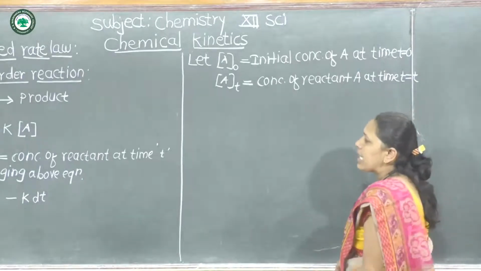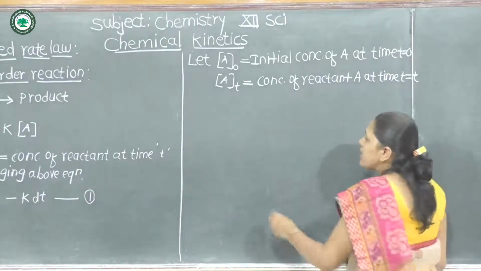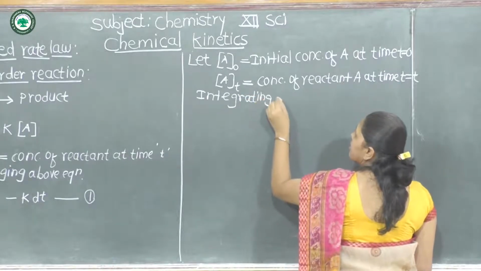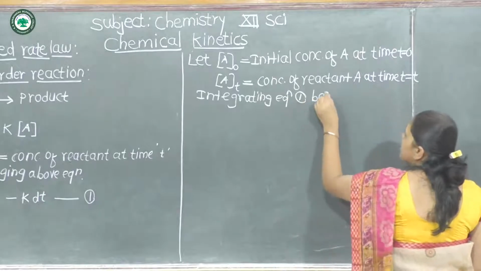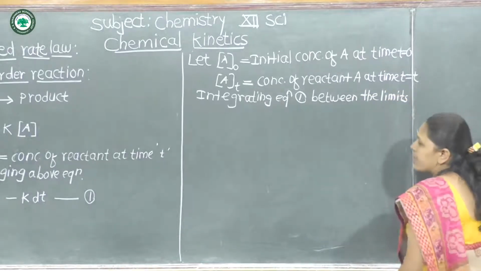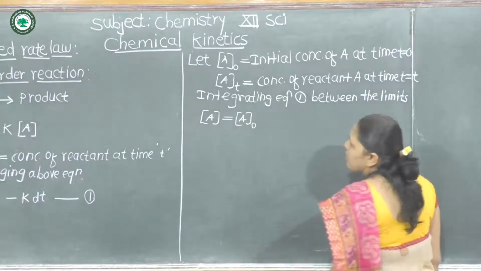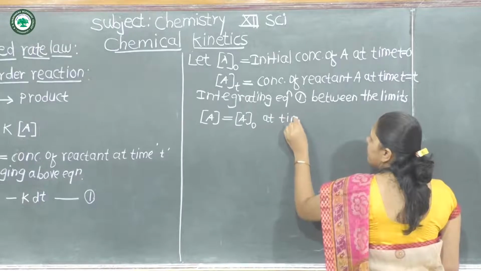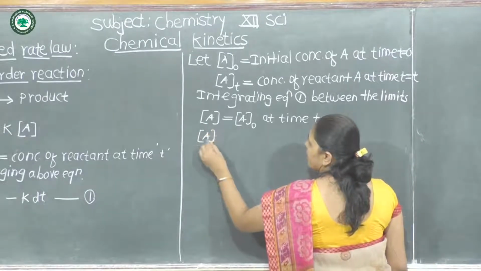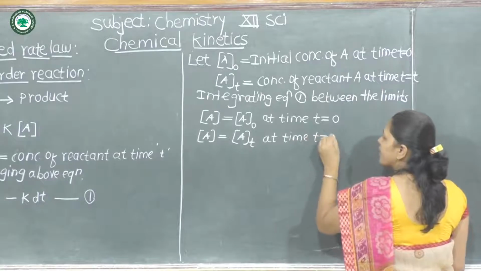Then by integrating this equation, say equation number 1, integrating equation 1 between the limits concentration of A is equal to A0 at time t is equal to 0 and concentration of A is equal to At at time t is equal to t.